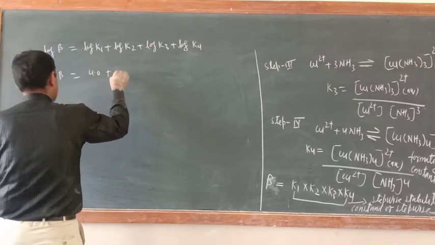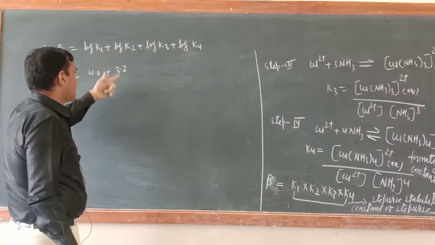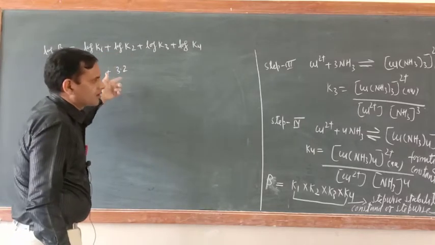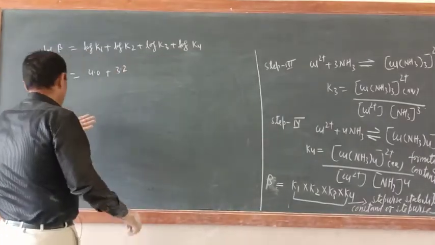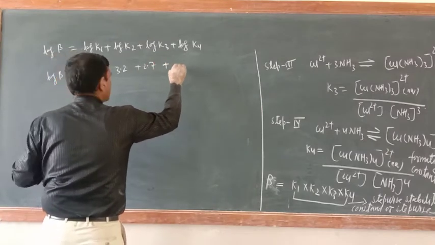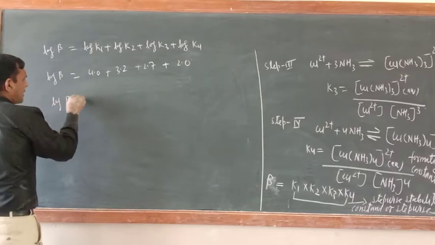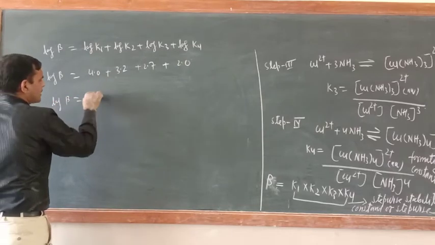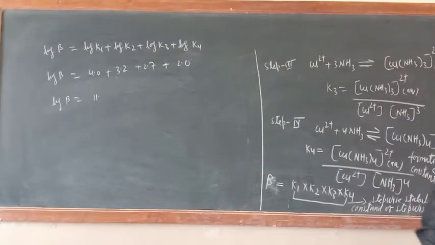Okay, so now just see, if log K1 equal to 4.0, for step number 2 the value of log K2 is 3.2. Now I wrote step by step, just see the values. For this one 2.7, for this one 2.0. So log beta, if you sum this, will come 11 point something, 11.9.